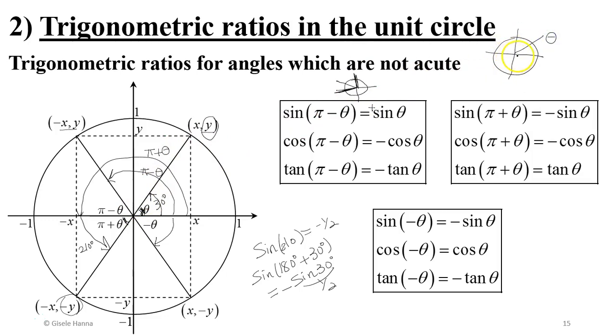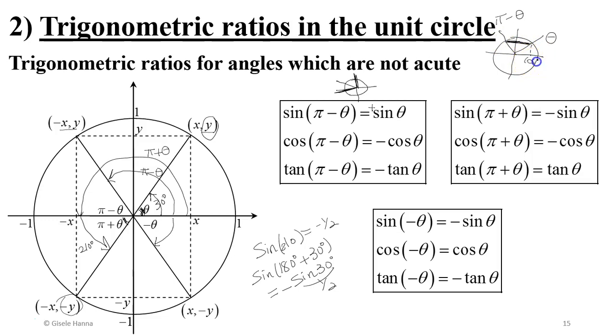If this is theta, then this is pi minus theta. So what we're saying here is that theta and pi minus theta have the same y, so they have the same sine. So the pi here is not really disappearing anywhere. What we're saying is that theta and pi minus theta have the same sine.